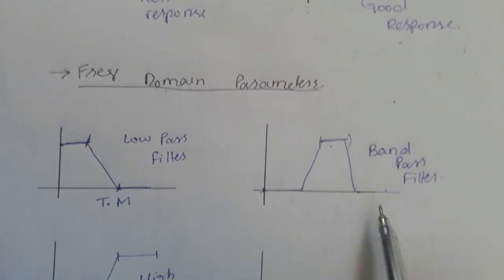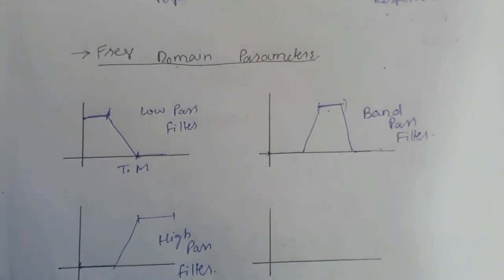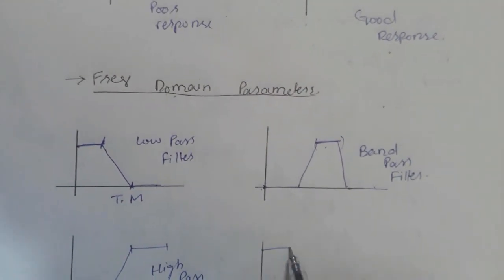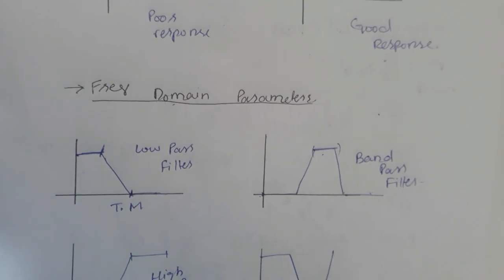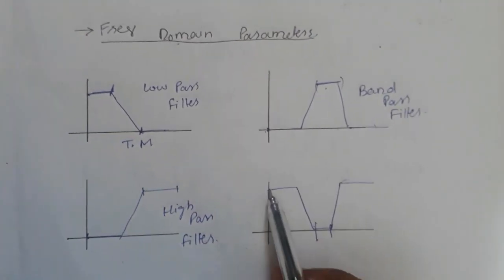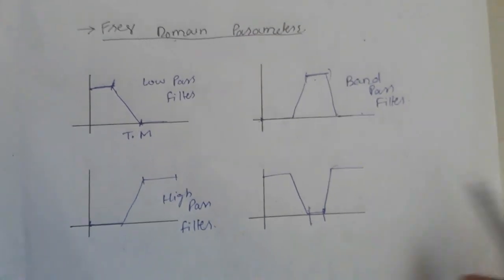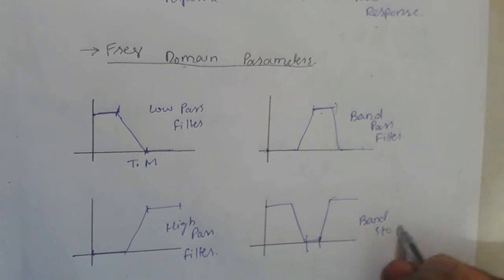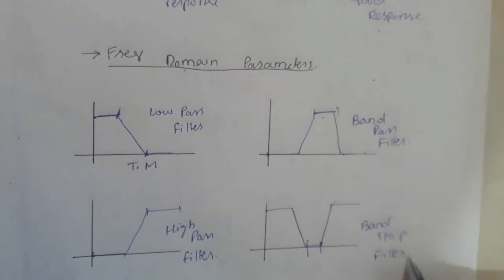The reverse of the band pass filter is the band stop filter, which is like this one. Here a specific part of the frequency doesn't pass, while the remaining part will pass. So this is the band stop filter.